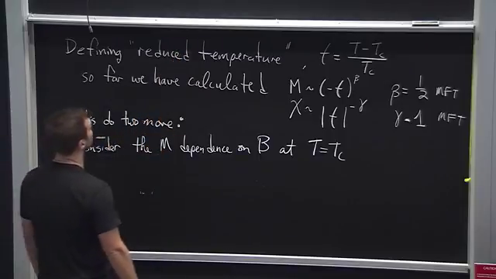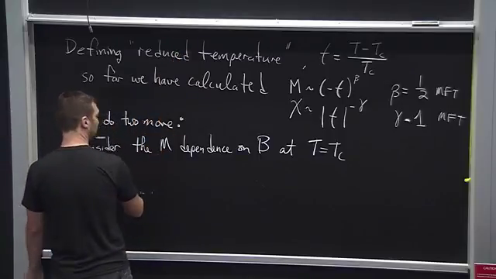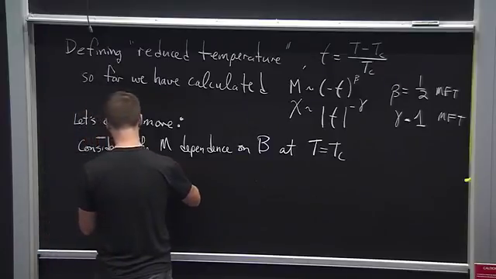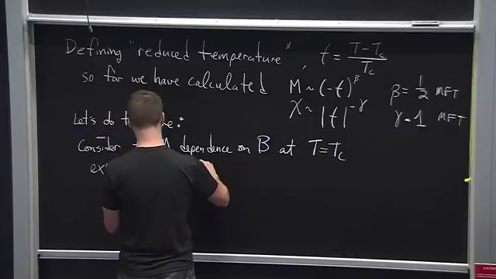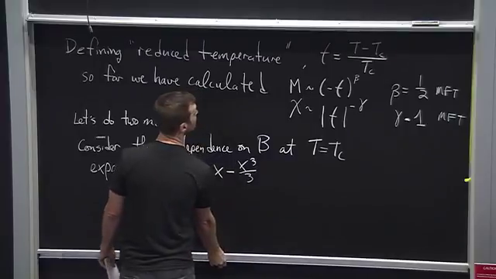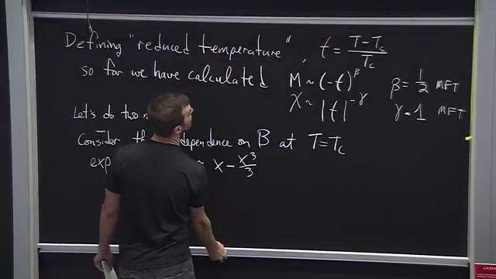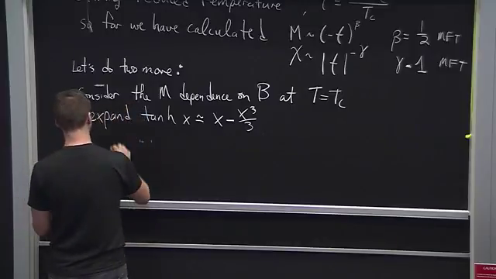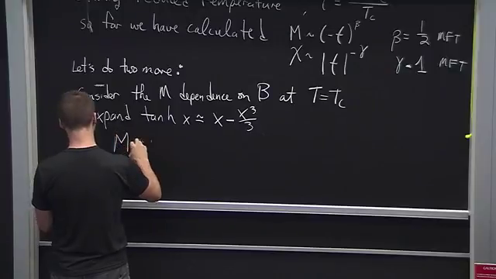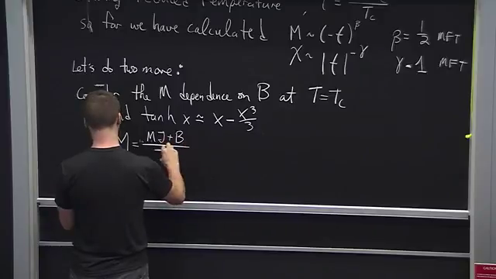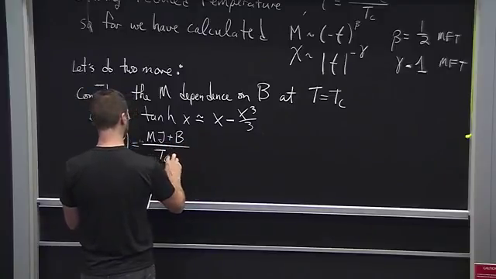let me take that hyperbolic tangent and expand. Like I said last time, tanh x has a cubic term. Which, from that mean field equation for the magnetization, ends up giving Tc.